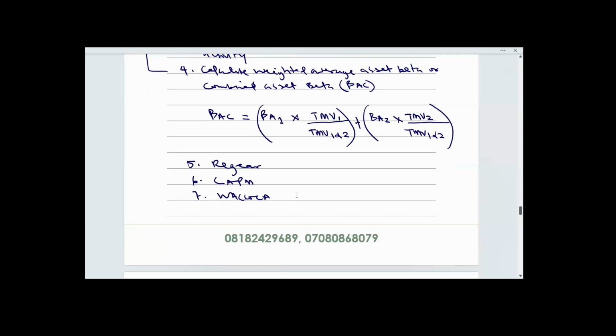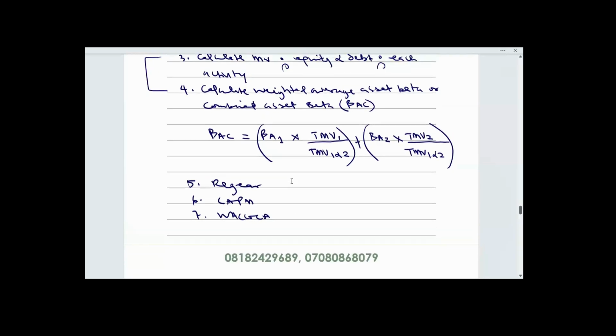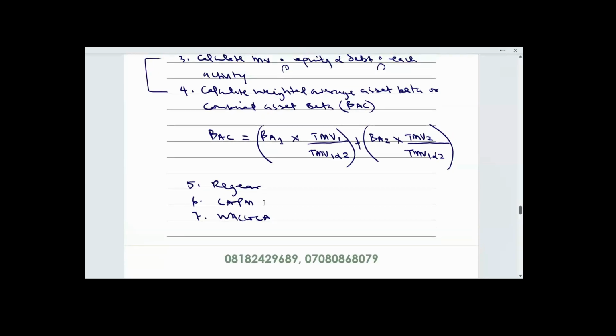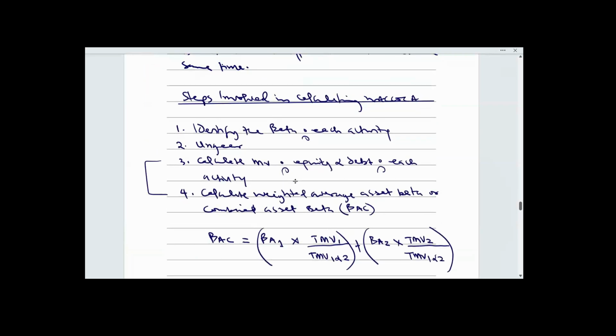Capital asset pricing model, you know that. WACC, you know it. So at this point, let's have an illustration. We should be able to complete this within the next 15 minutes. All right. So those are the 7 procedures that you are going to carry out whenever you want to compute WACOCA.